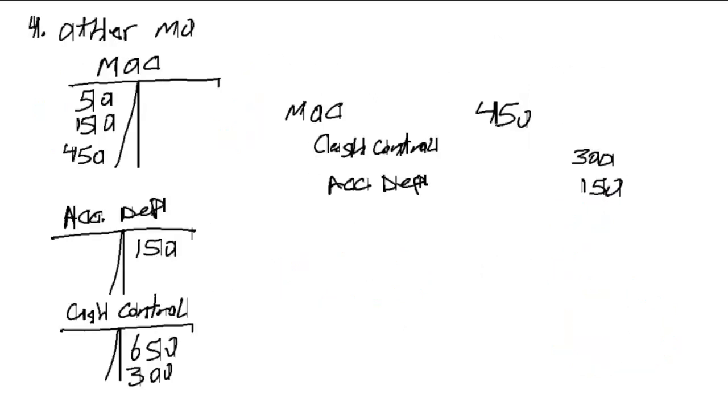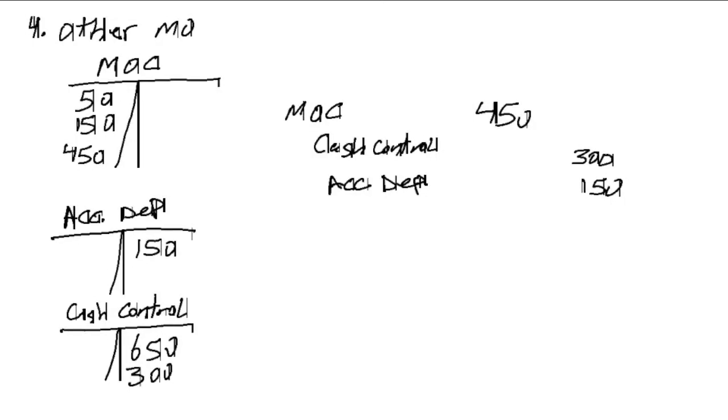So in number 4, I have my other manufacturing overhead cost of $450, which consists of accumulated depreciation or depreciation expense of $150, and other manufacturing overhead cost of $300.